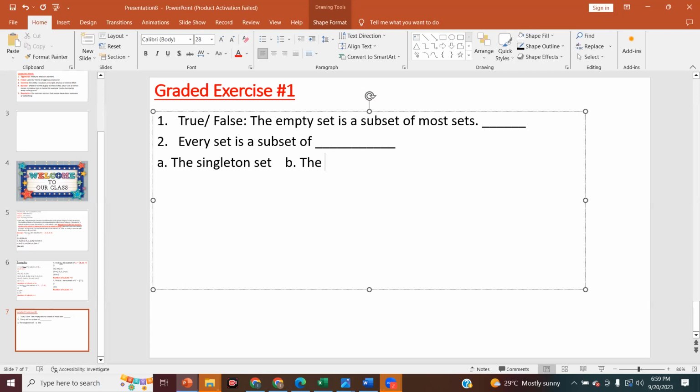The singleton set, B, the empty set. C, itself. Or D, the intersection set.